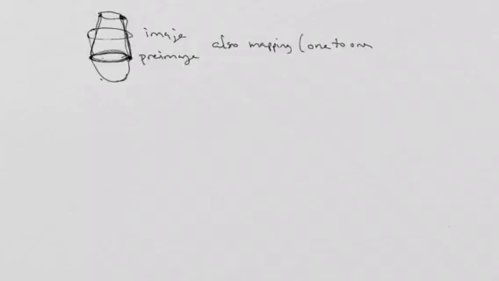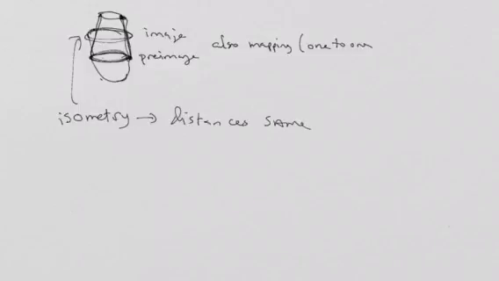This one here, if those sizes were all the same, would be an isometry, because it kept the distances the same. Whereas this here would not be an isometry because it didn't keep the distances the same.